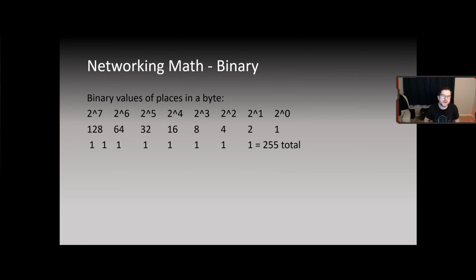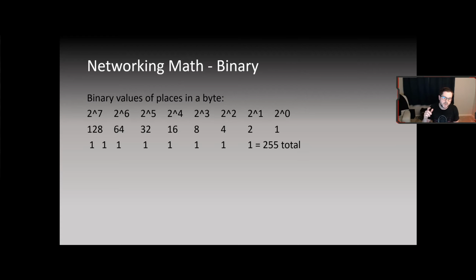So this is where binary, it's going to be a very brief explanation of binary here. But each place going from your least significant digit, which is over on the right, to the most significant digit on the left, has value. So you start with 2 to the power of 0, which is just 1. Then you have 2 to the power of 1, which is 2, and then 2 to the power of 2, 4, 2 to the power of 3, 8, so on and so forth.